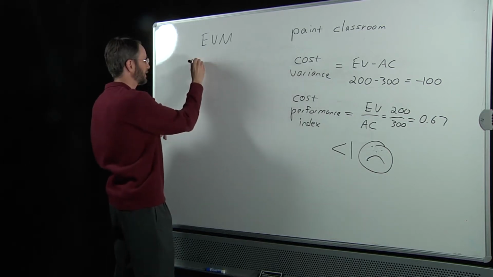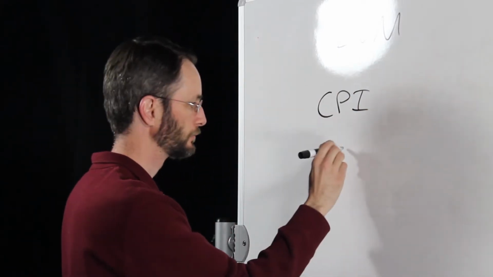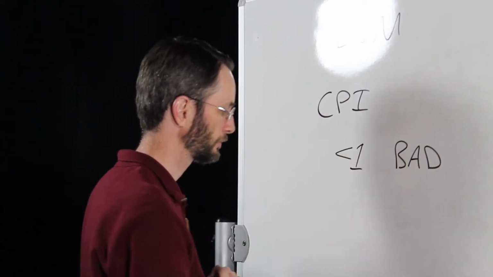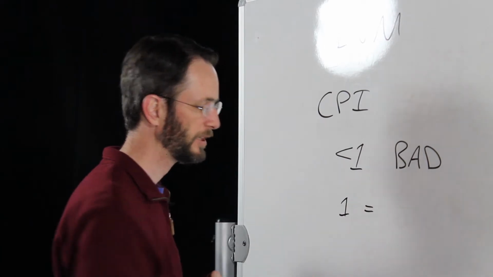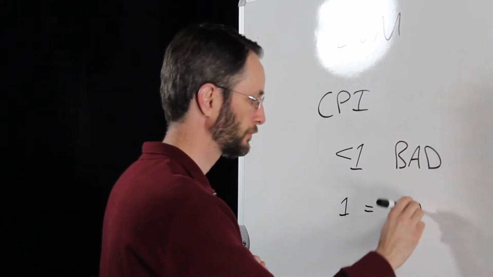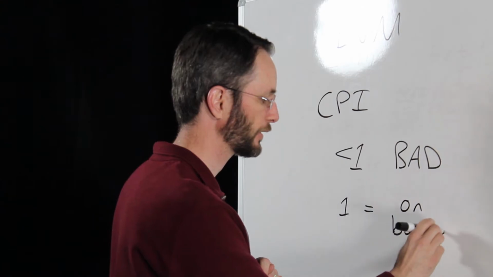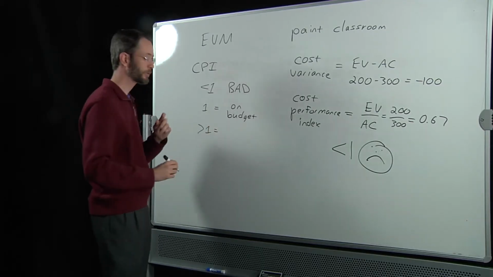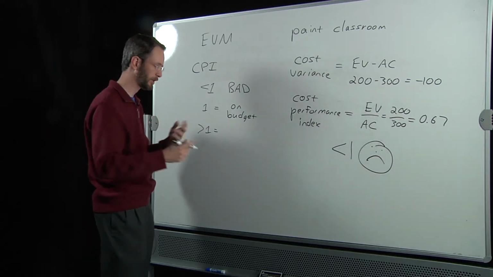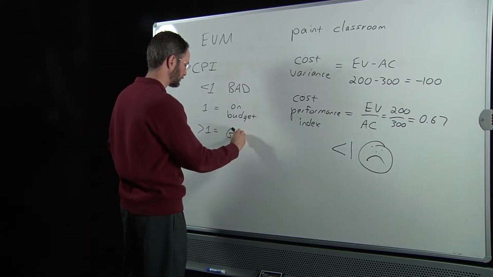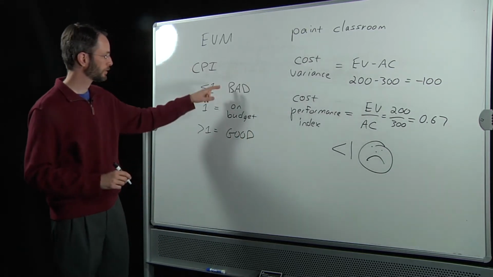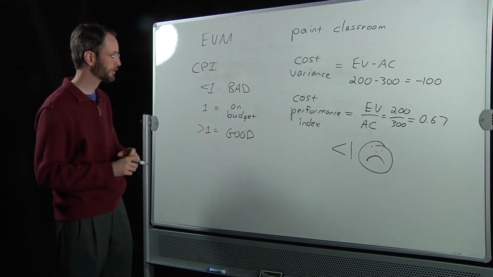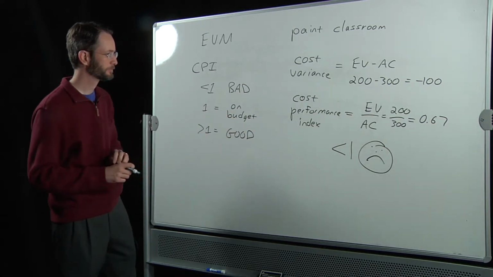So for cost performance index, anything less than 1 is bad. 1 means you're right on budget. You are spending just as much as you had planned to. And anything greater than 1, it means you are under budget, which means you're saving money so far. That's good. So over budget, on budget, and under budget, spending less than you planned to for cost performance index.